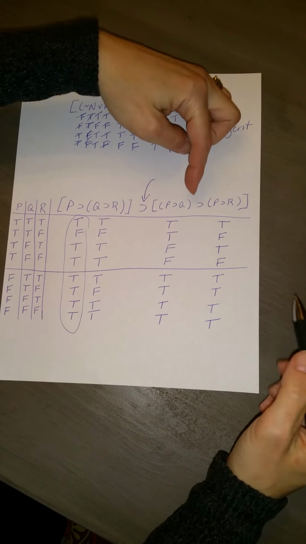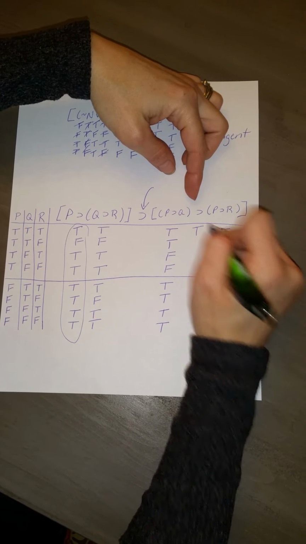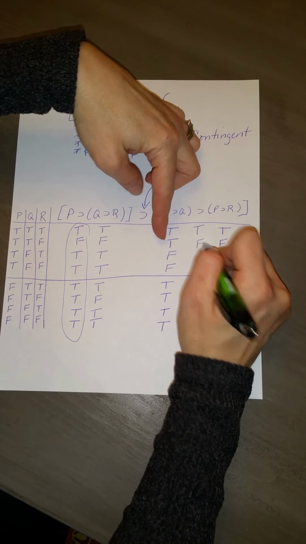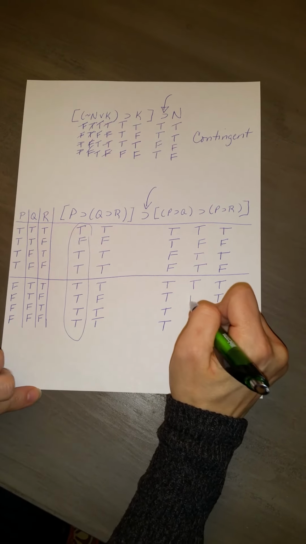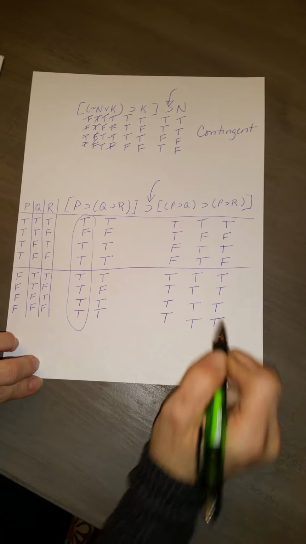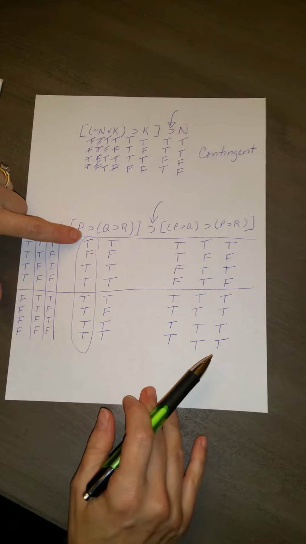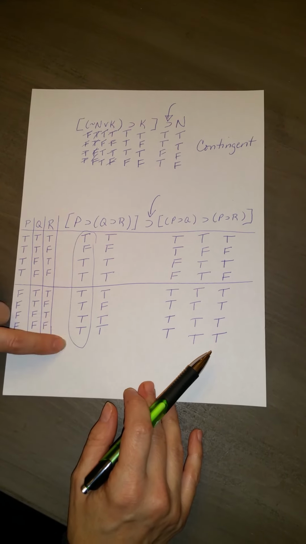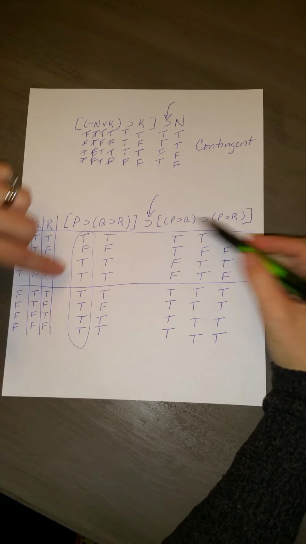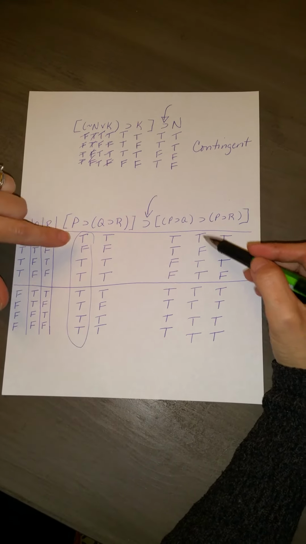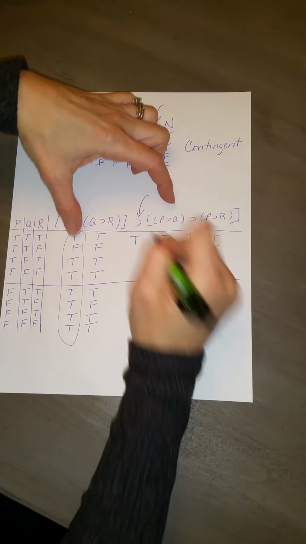And now we'll do this conditional, and then we'll have this last one. So true horseshoe false is false. These are true. And then the rest of these down here are true. And now we can do the main operator here. So this was the result on the left side. This was the last one we did. And then we want to compare it with this column and use the truth table for the horseshoe. Okay, so true horseshoe true is true.